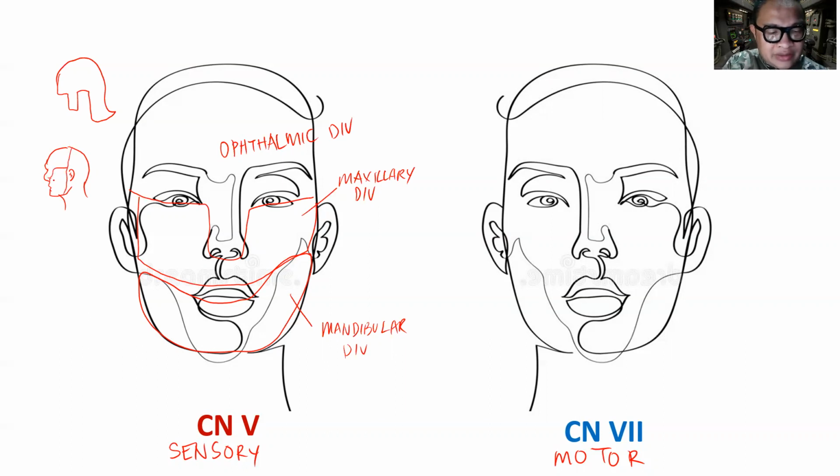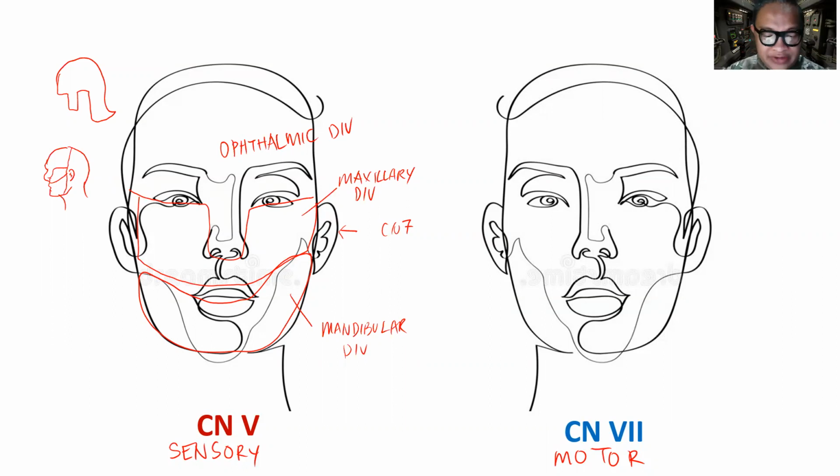That's the ophthalmic, maxillary, and mandibular. Remember, your ear does not belong to cranial nerve 5. Sensations around your external ear is cranial nerve 7. Okay, now let's go. So basically, that's your cranial nerve 5 sensory function, sensations of the face.